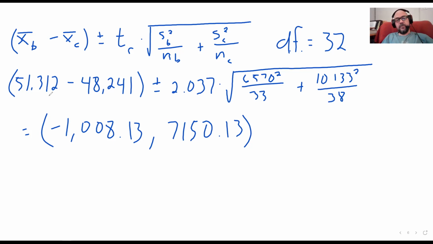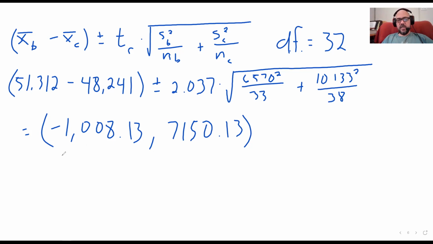Because of the uncertainty involved with the relatively large standard deviations and the relatively small sample sizes, we think it is entirely reasonable that communications majors could, on average, make more than biology majors, right? Because we did biology minus communications, and we got a negative number for the bottom end, which is to say that communications is bigger than biology. And we got a positive number on the top end saying biology is bigger than communications.